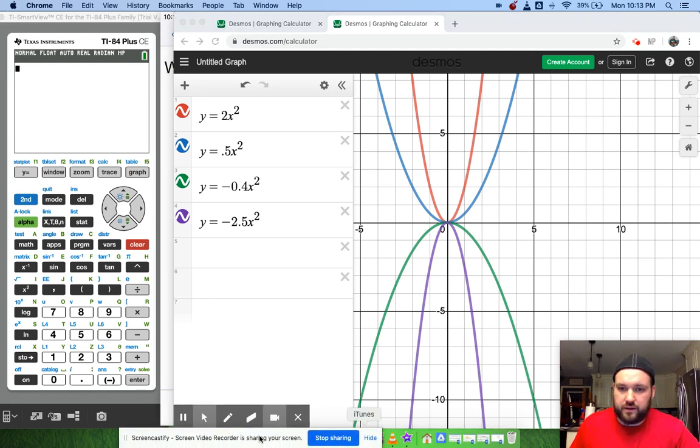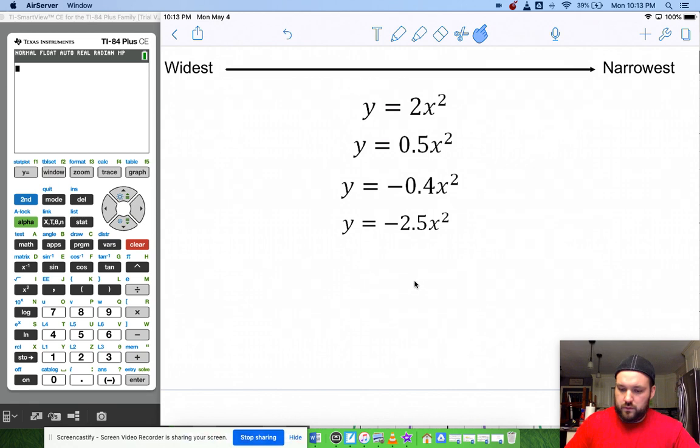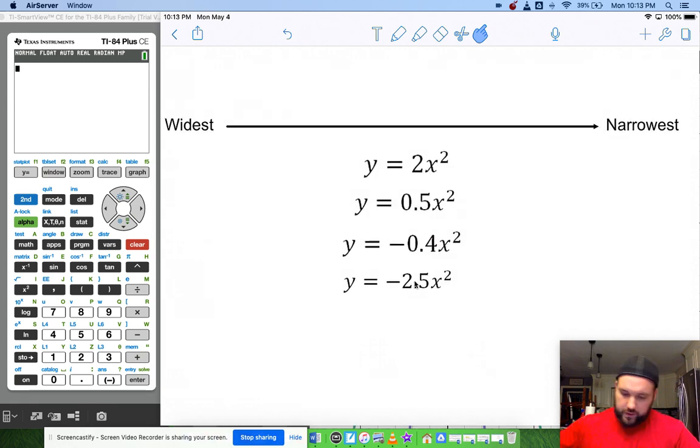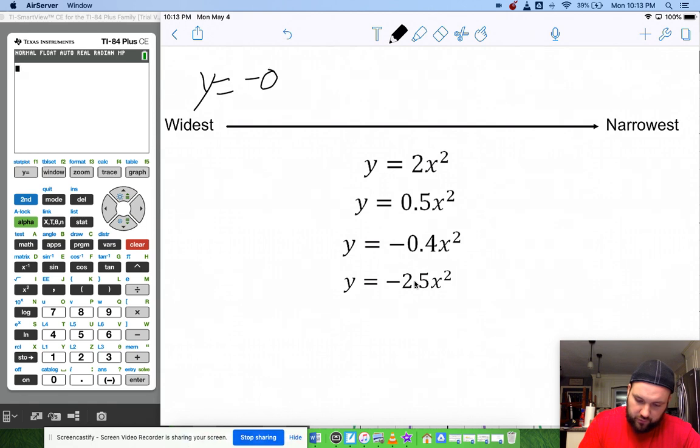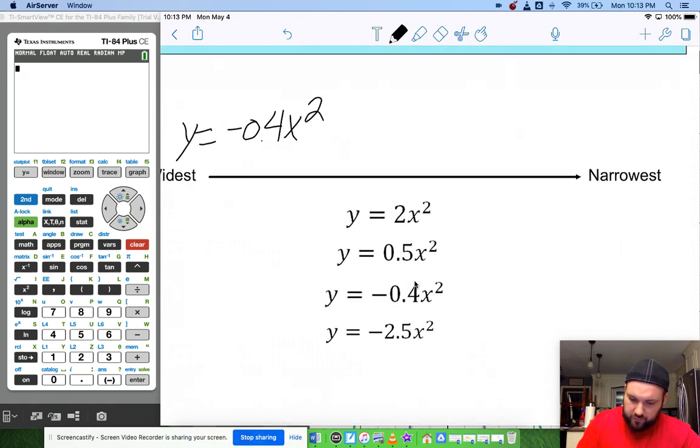So if I scoot back to the iPad, I have the widest would be y equals negative 0.4x squared. And then right after that would be y equals 0.5x squared.